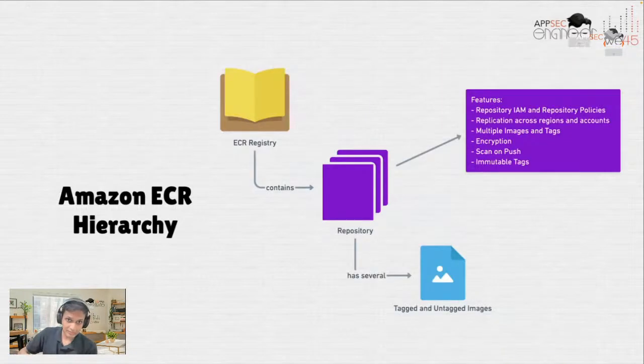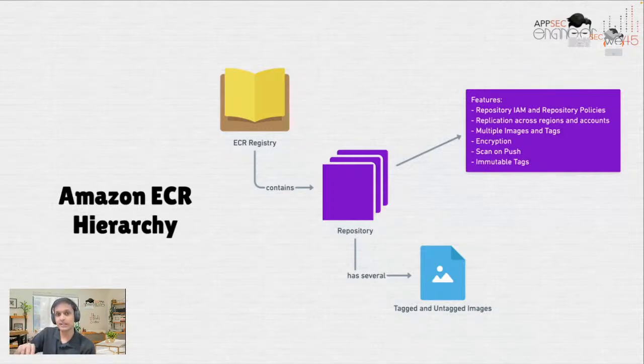On the repository level, you can have repository IAM and repository policies. So if you want policies in place on the repository level, you can build that. If you want replication across regions for multiple accounts, you can do it on the repository level. Obviously, this is going to help you store multiple images and tags.